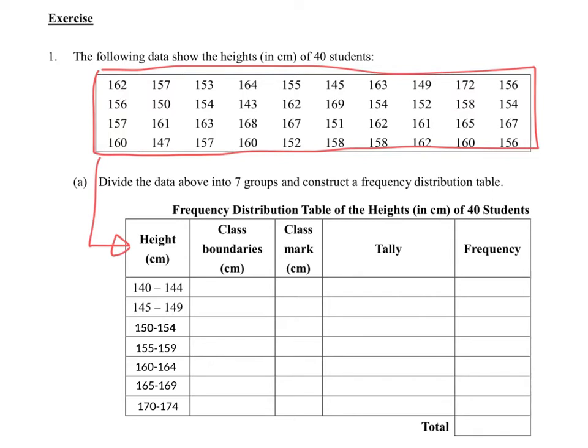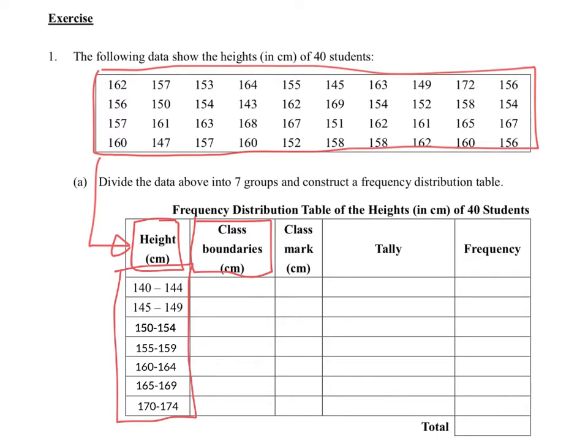Then we go to the second part, that is the class boundaries. What are class boundaries? After we have formed the groups, at your left hand side, one problem is that the height should be continuous data.